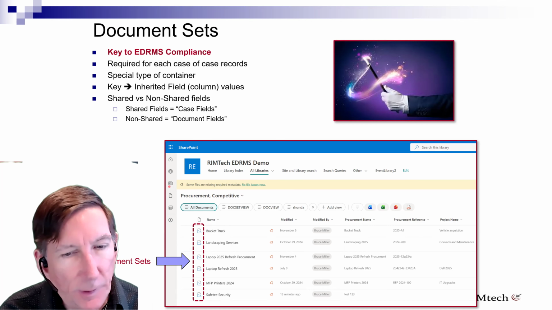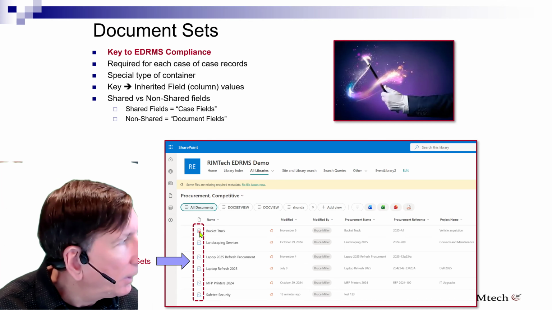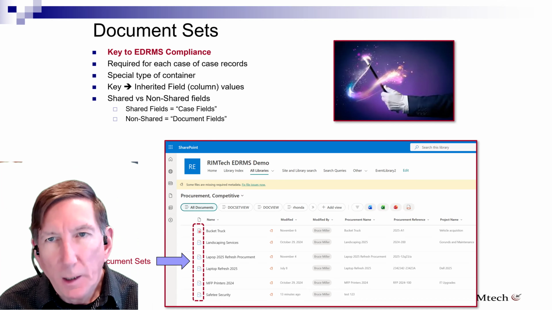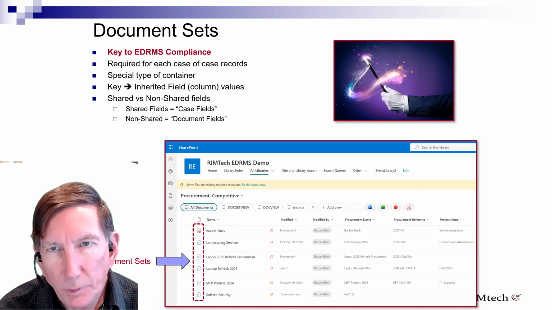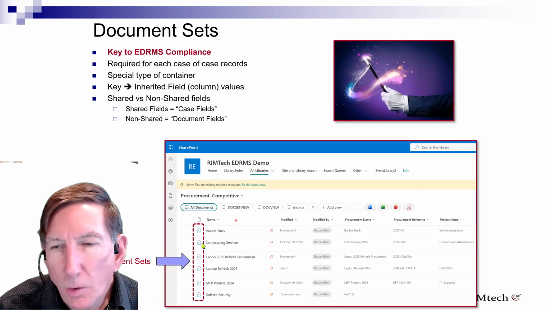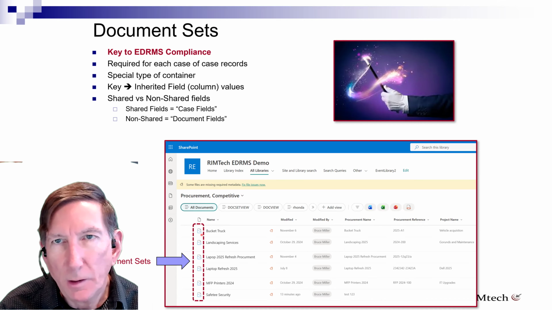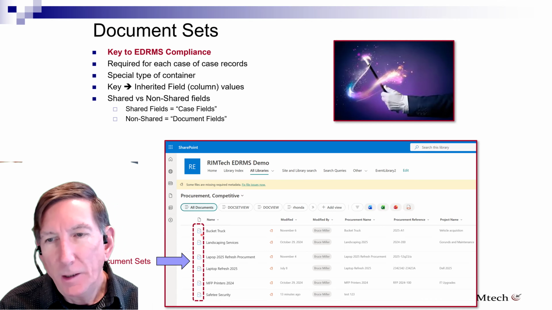That container looks like a file folder from the old days, but it's a container known as a document set. Its purpose in SharePoint is to group together related documents, but a document set has a magical capability which makes it perfectly suited for cases, which we'll talk about in a few minutes, okay? But know that for now, a doc set, what we affectionately call document sets, is a special container used for cases in SharePoint, okay?